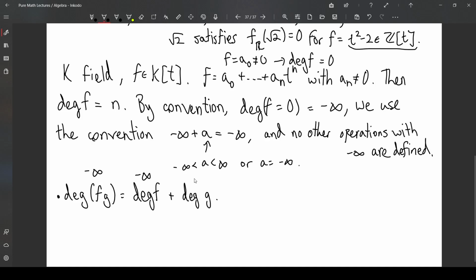So it doesn't matter what the other is, this plus minus infinity is going to give us minus infinity. So this works. On the other hand, this actually shows you that if this is greater than minus infinity, then these both also have to be greater than minus infinity, which implies in particular that K[t] is an integral domain.